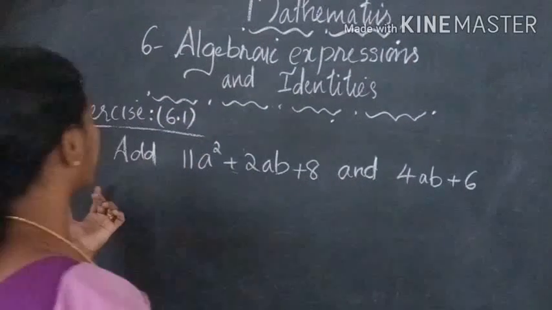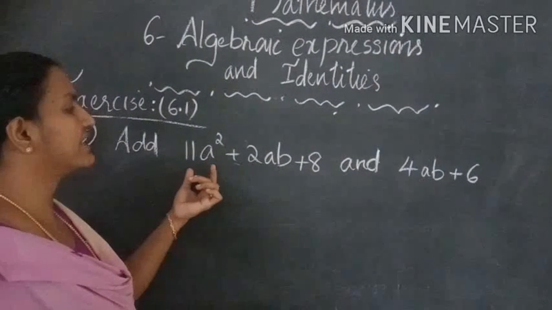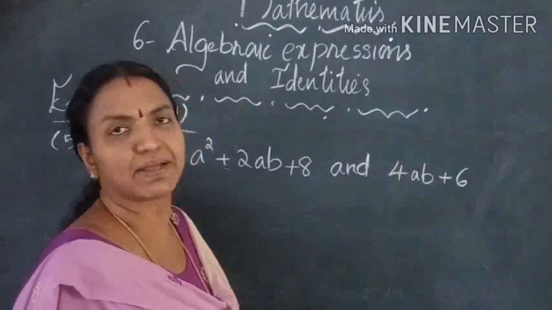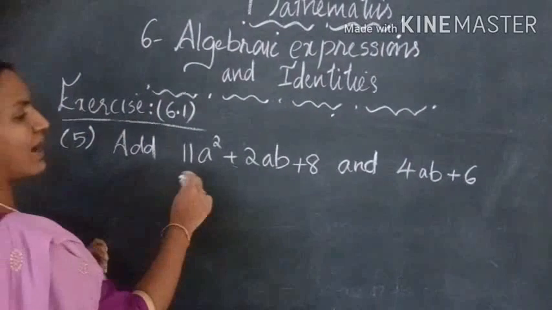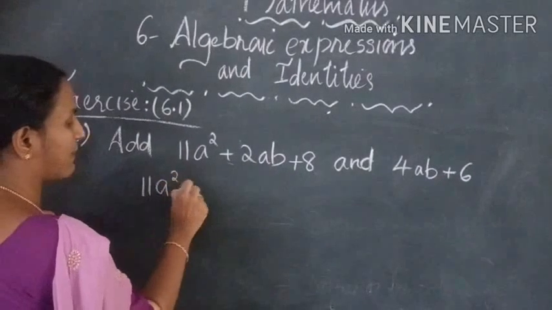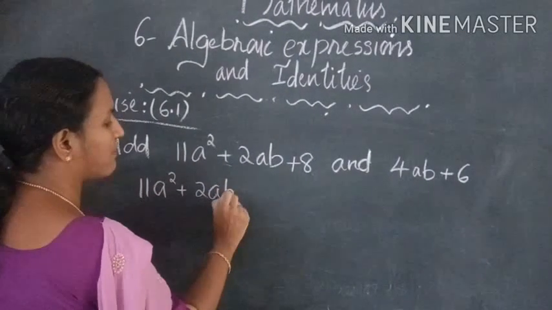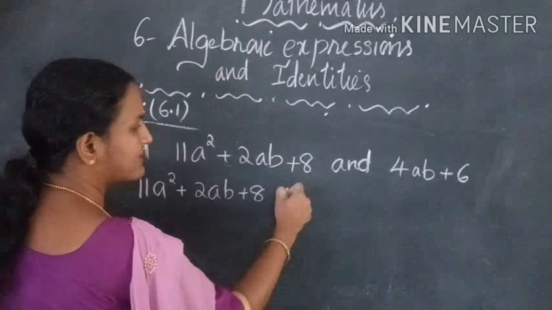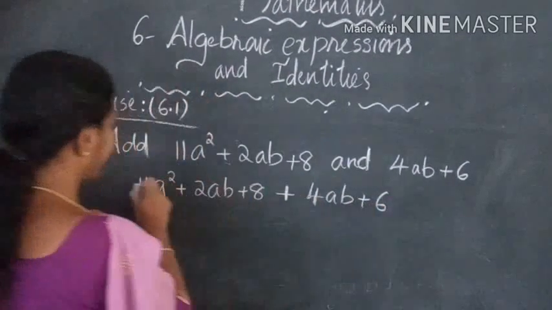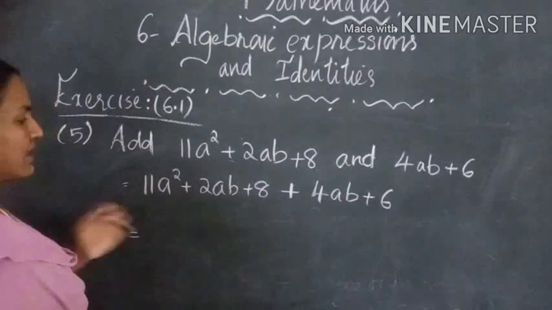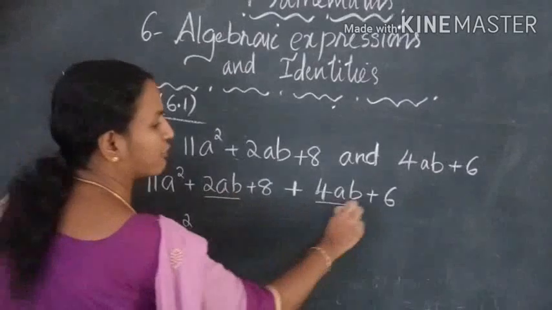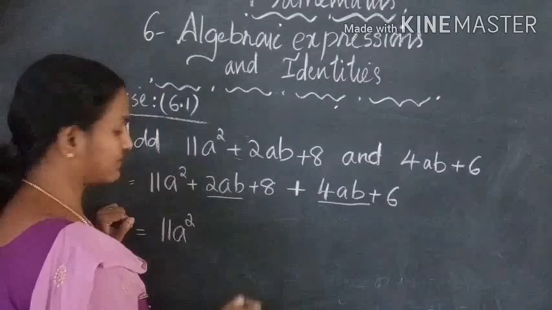Next question, question number 5. Add 11a square plus 2ab plus 8 and 4ab plus 6. How to add these two algebraic expressions? 11a square plus 2ab plus 8, plus the second algebraic expression 4ab plus 6. The first one is 11a square. Here 2ab and 4ab are like terms.